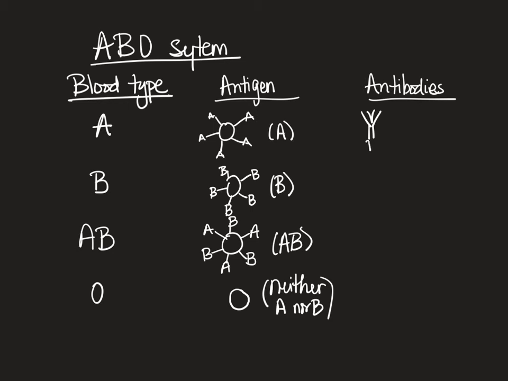They're going to make antibody B, because that will not produce clumping. Opposites do not clump. If they are alike, they clump, but if they're opposite, they don't clump. Which means that for the person with type B blood, who has the B antigen on their red blood cells, they are going to make antibody A. They're going to make the opposite to the antigen they have.